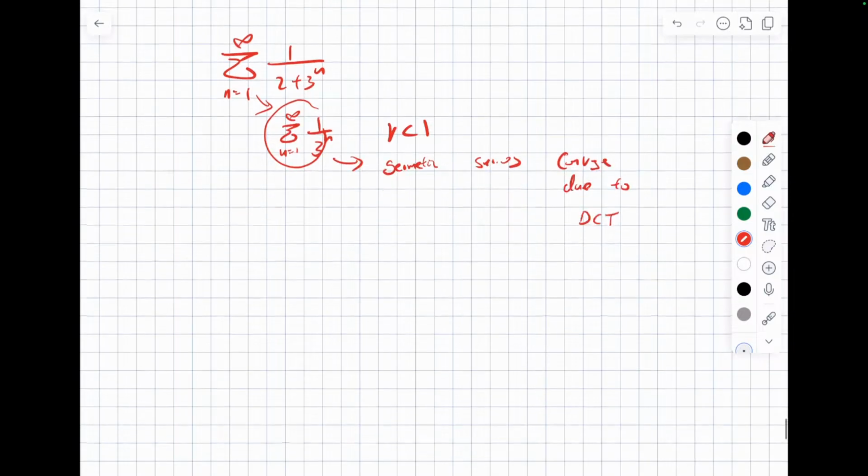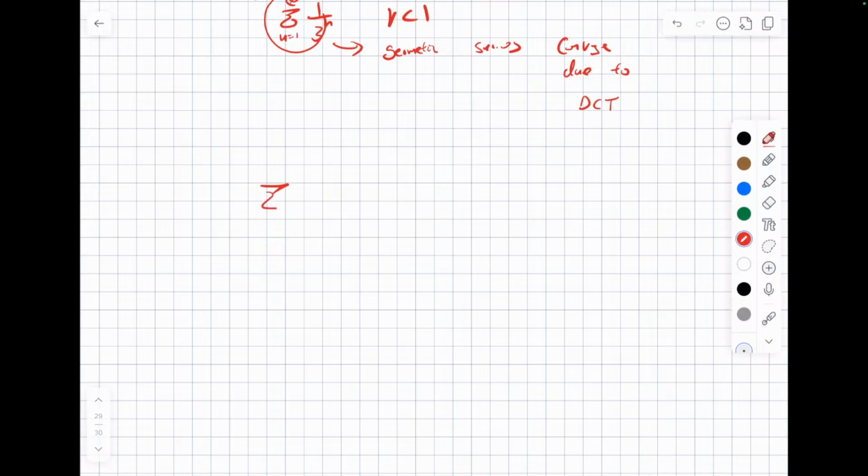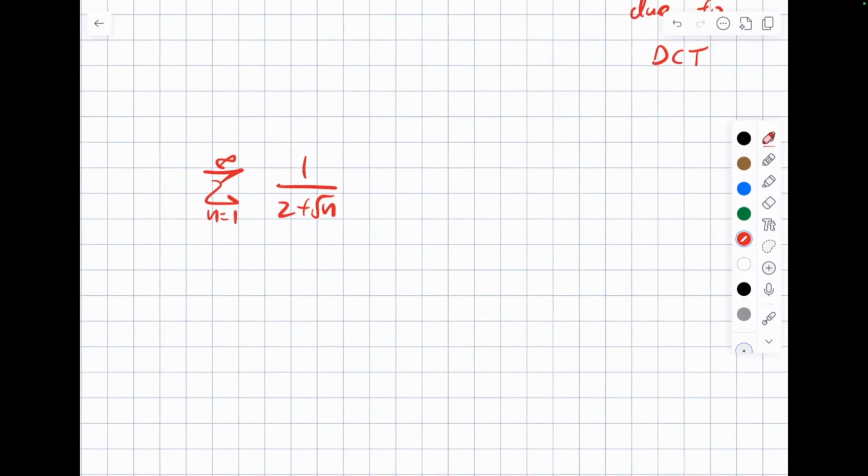However, with the second one, most people got it wrong, because this one is kind of tricky. Immediately you want to compare to 1 over square root n. But what's the problem with comparing to 1 over square root n? Even though it's divergent, this series would be greater than or compared to 1 over square root n.